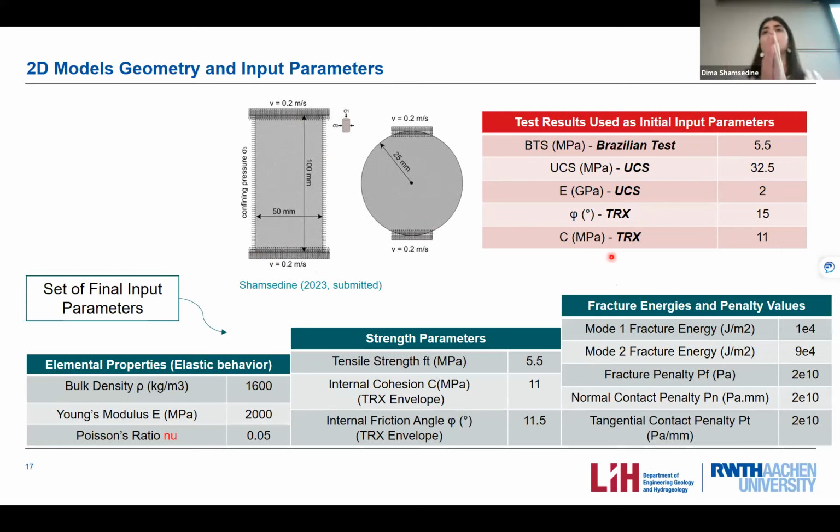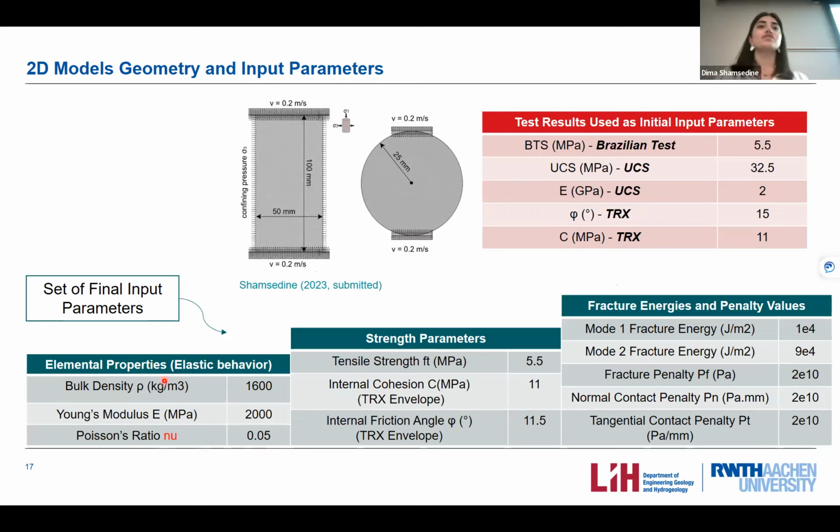The results concluded from the experimental testing are used as the first input parameters and used to further calibrate these models. So these are the final input parameters that I've used in the model, and that resulted in a representative failure behavior and strength of the rock analogs.